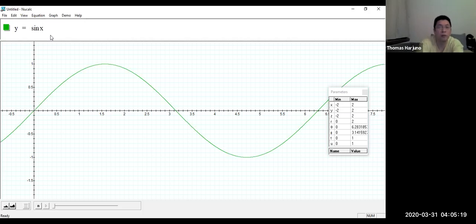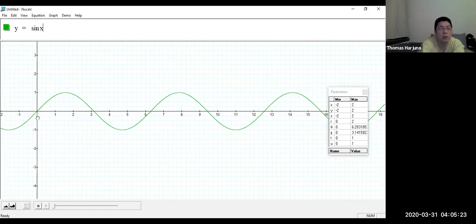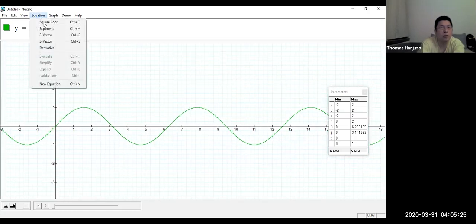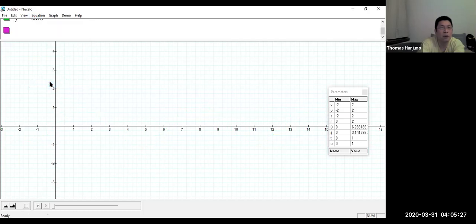Now, this is the graph of sine x, right? Let's compare to what happens if I have y equals sine x, but then I add, let's say, 3.